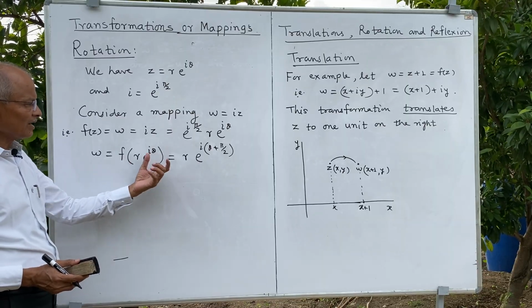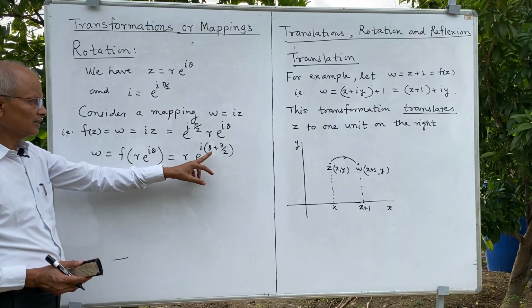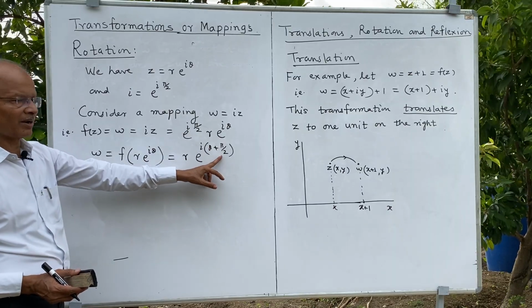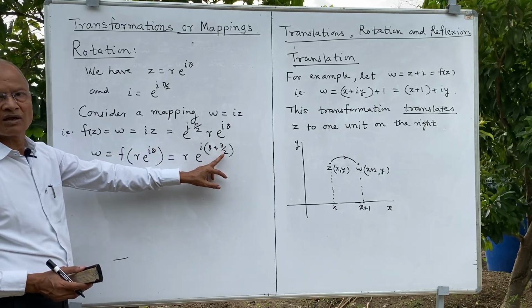What is the change happening here? In this transformation, r remains the same, that is the modulus of the complex number is the same, but the argument is increased by pi by 2. Here the argument is theta, and here the argument is theta plus pi by 2.